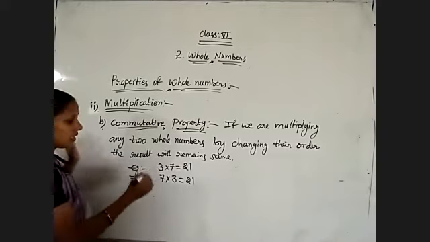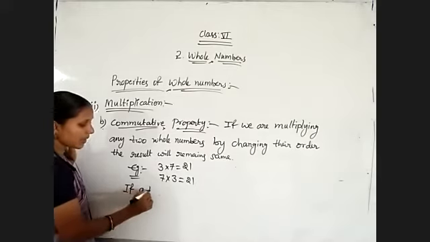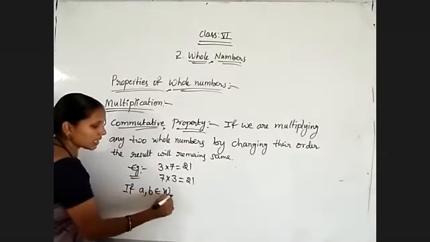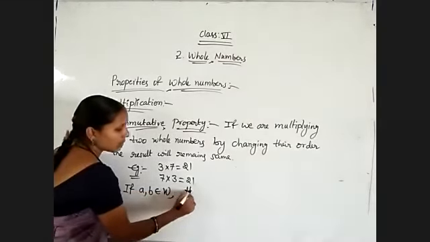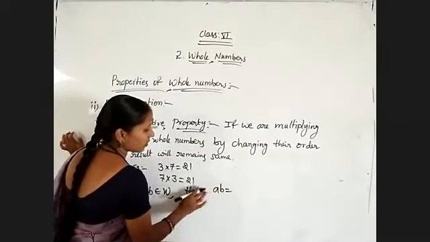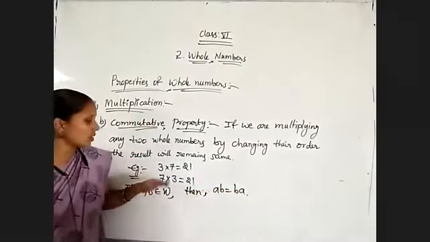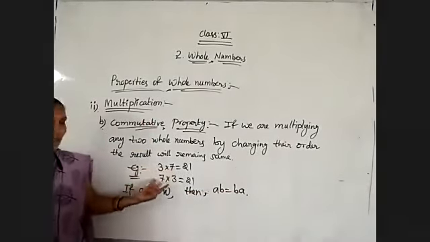So in other words, if a comma b belongs to whole numbers, then ab must be equal to ba. That is, a into b must be equal to b into a. That's all. So 3 7s are 21 and 7 3s are 21.